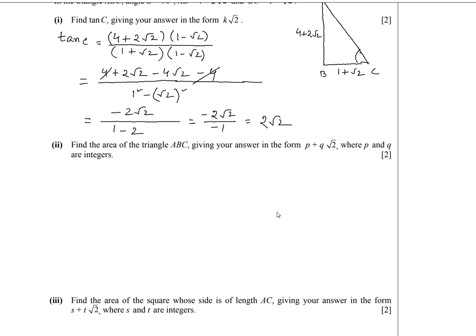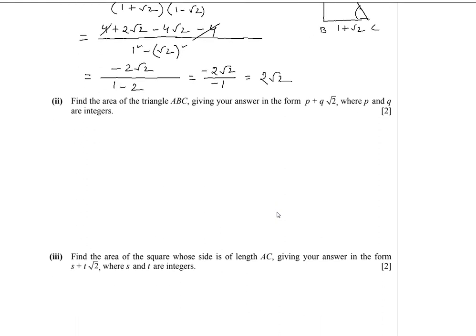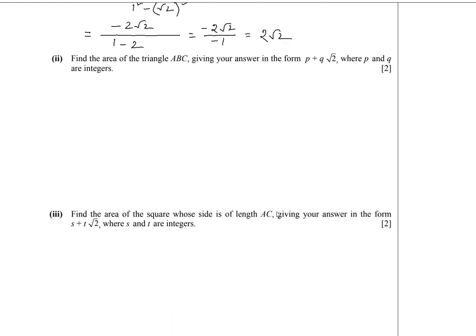Now in the next question, we have to find the area of the triangle ABC in the form of P plus Q root 2, where P and Q are integers. Let's say the area of the triangle is A. So we can write A equals half times AB times BC.